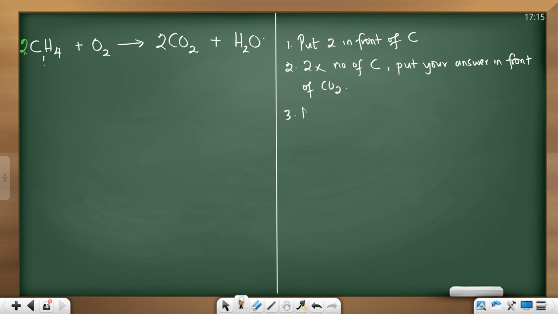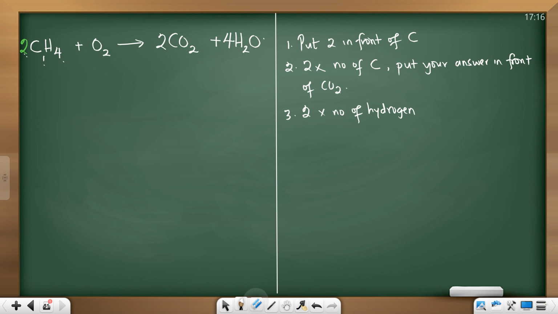Step 3. Multiply 2 by number of hydrogen. So 2 times 4 is what? 8. No, sorry. Take the 4. I'm forgetting my system. Let me see. 2 times 1 is 2.